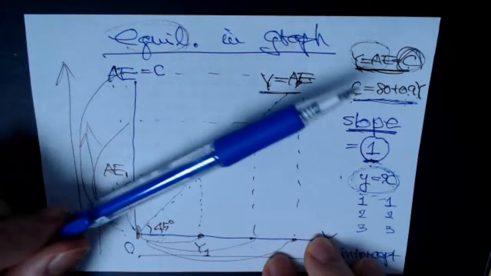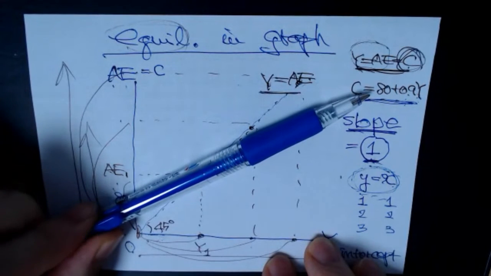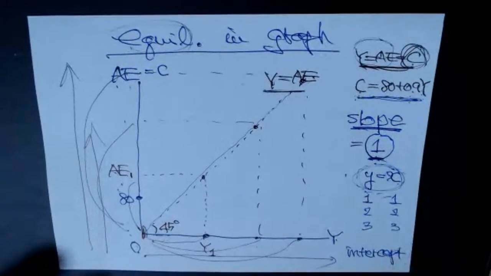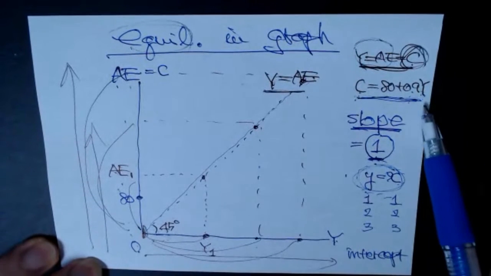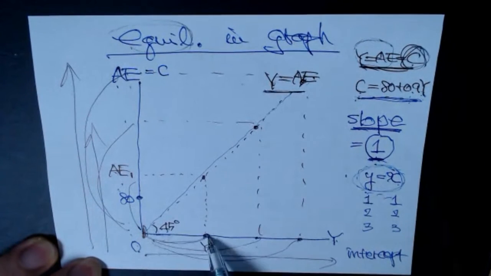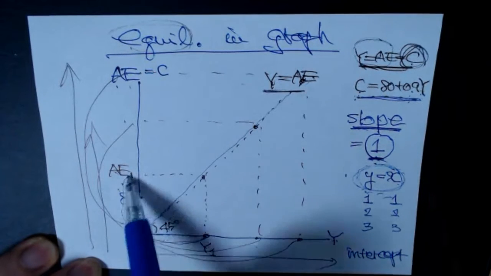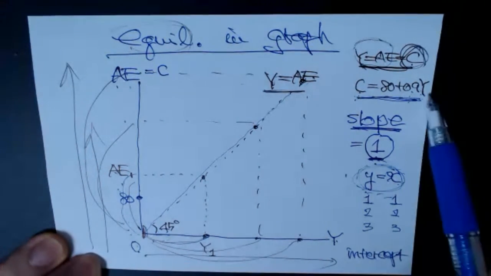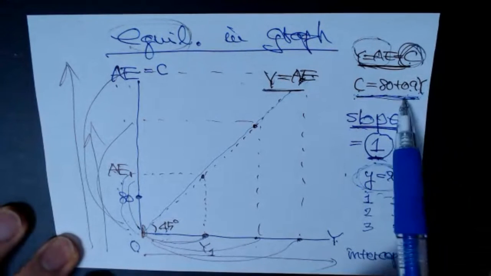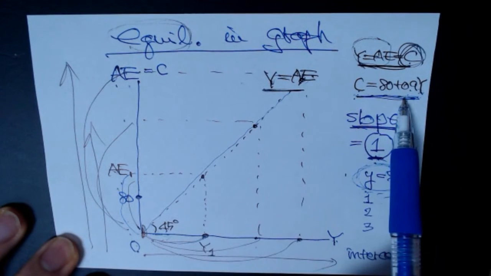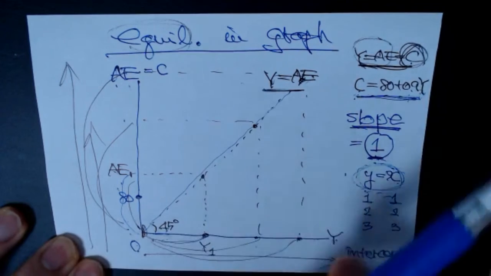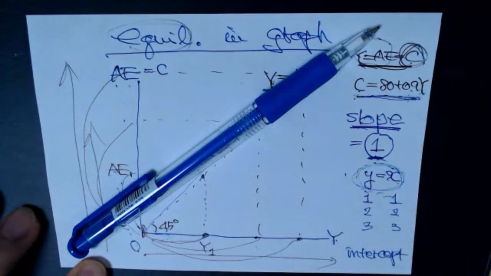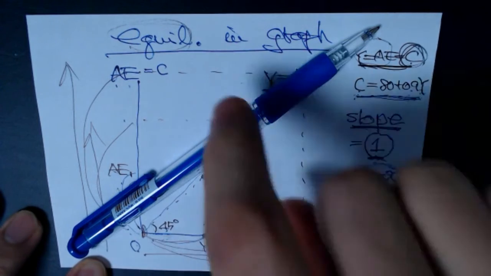Is that 42 degrees? I haven't calculated. Yeah. So you can easily guess, because this line tells us that whenever Y increases by 1, C must increase by 1. But our consumption function tells us that when Y increases by 1, C increases by 0.9, which means that it should increase less than the 45-degree line, like this, right?